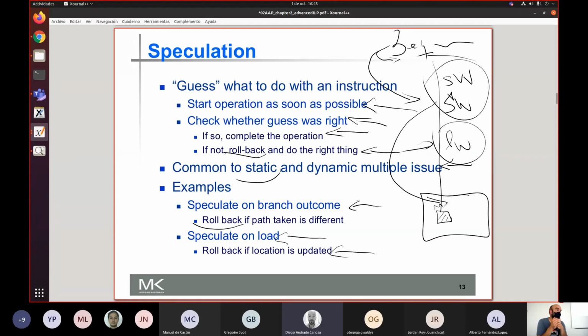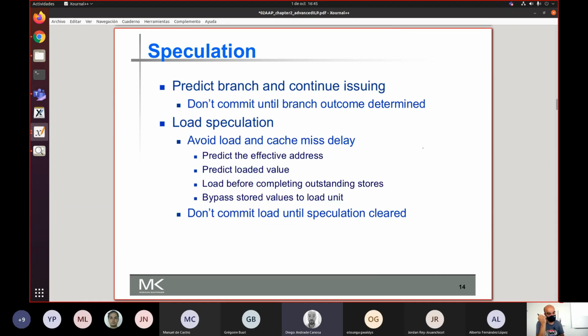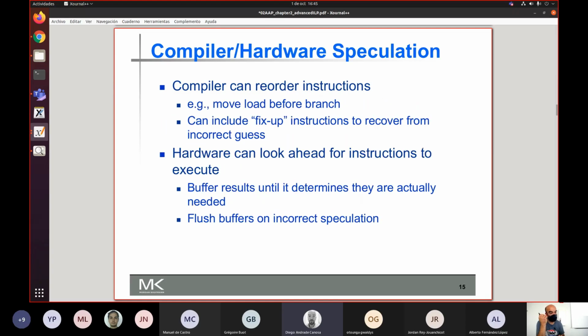This is what I told you before. Okay, so this idea of speculation can be done also in the compiler, but with one specification, and that is that the rollback code has to be included explicitly by the compiler, okay?